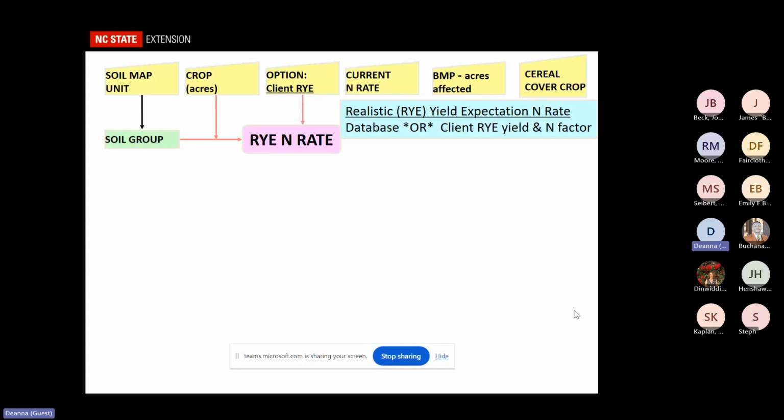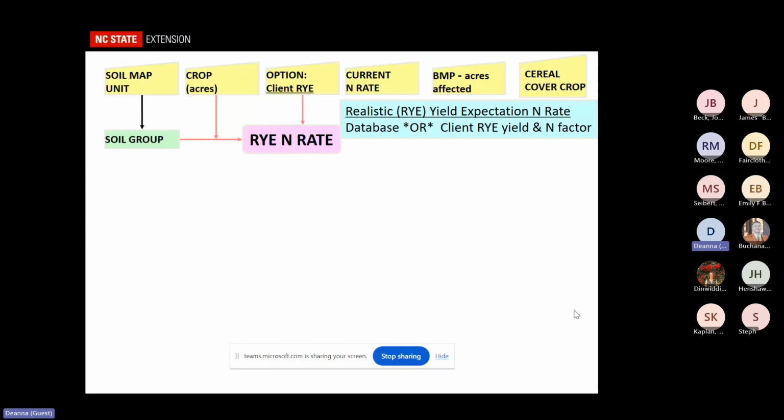In North Carolina, we have realistic nitrogen rate applications based on soil map units. This was an exercise that was done, again, by a whole group of interagency people. We know how much nitrogen should be applied. And that's really important, because one of the most important conservation practices you all use is nutrient management.